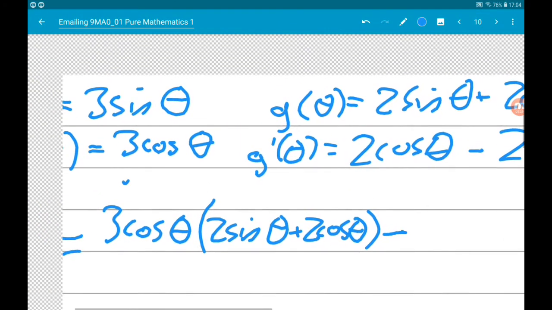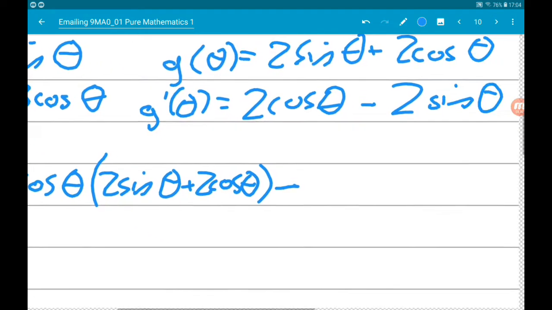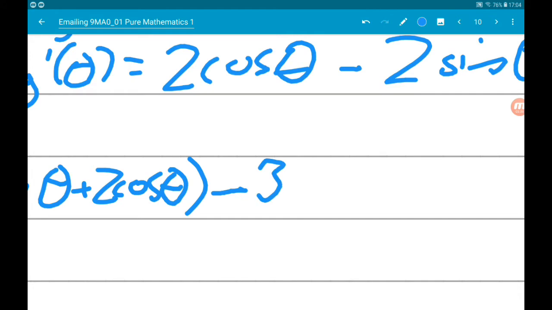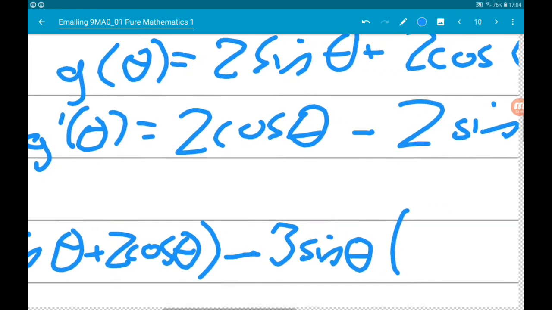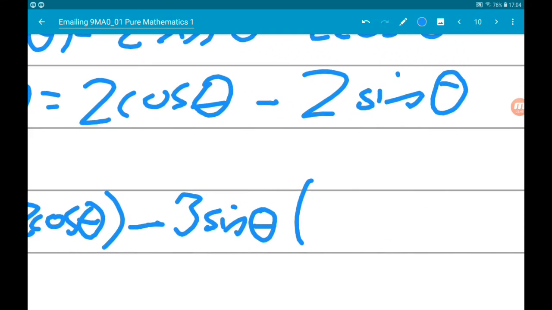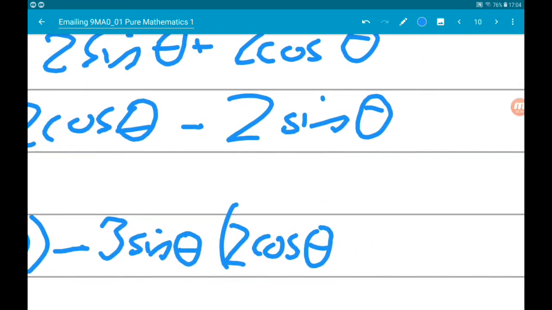So we got the minus, so we got 3 sine of theta times g dashed, so times 2 cos of theta minus 2 sine theta.